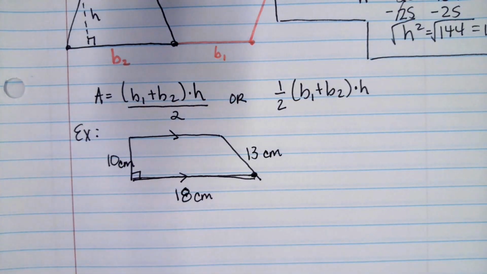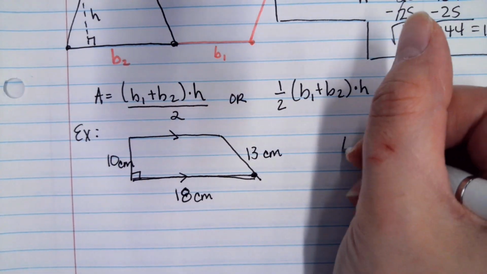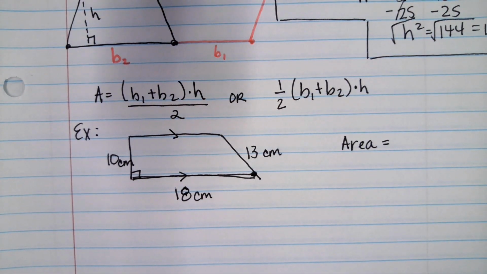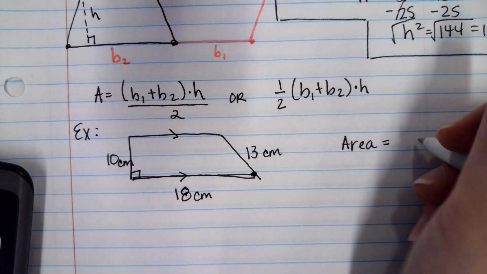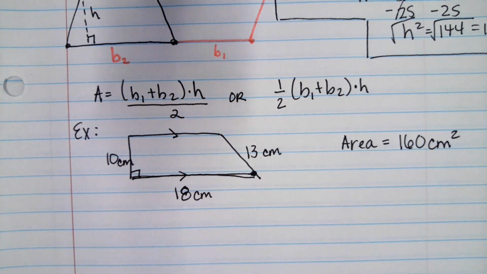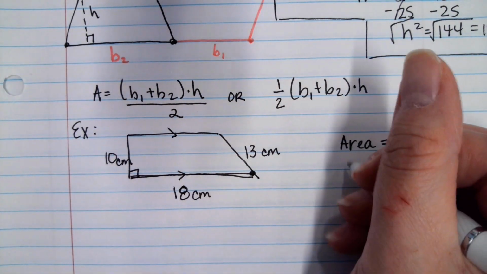And I actually give you that the area is 160 centimeters squared. And I want to know what is the perimeter.